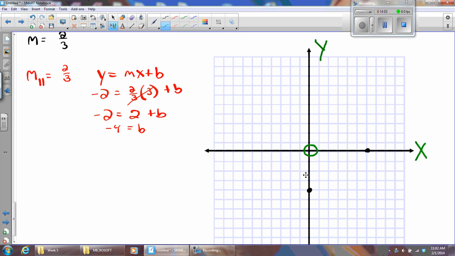So it looks like it's going up 2/3, right? So we'll rise 2, run 3. There's a third point. I'll jam a little line. There we go. And I'm going to just smack an arrowhead on the end of it.